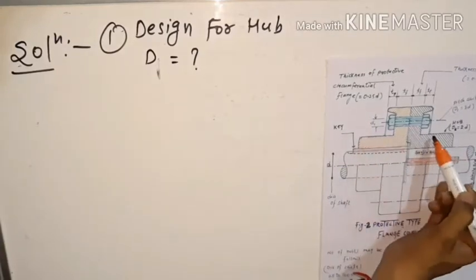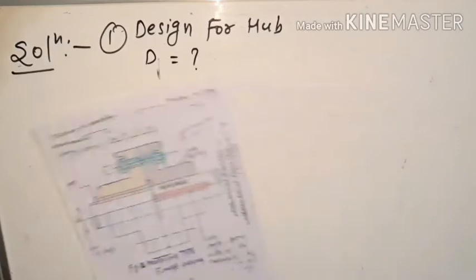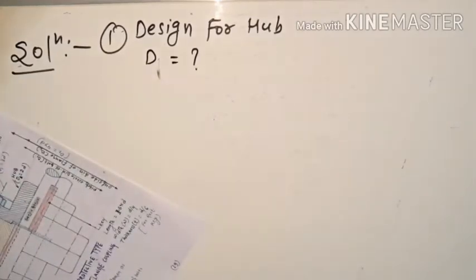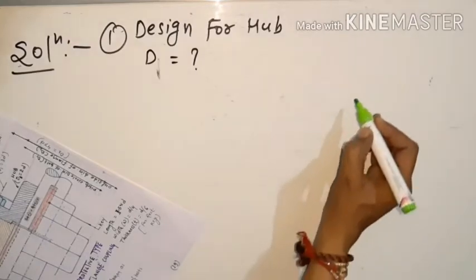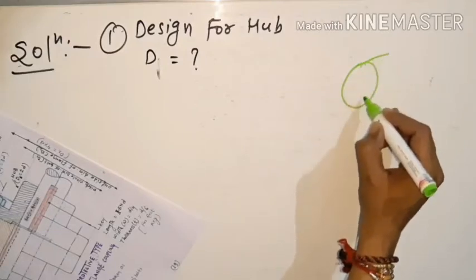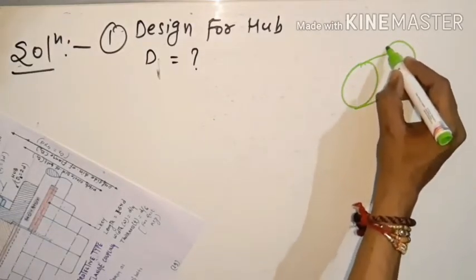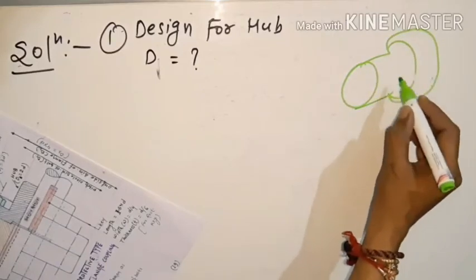You see this portion, this one is your hub, and if we draw the side view, or you can say the assembled view, then it looks like this. This is your shaft diameter, and at this portion this is your hub.